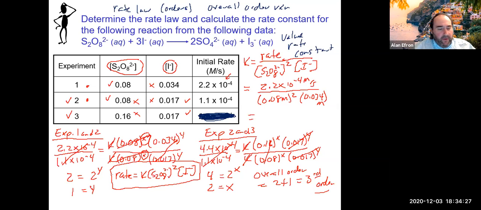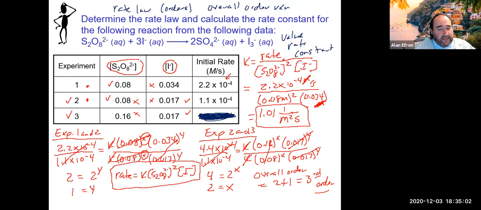We will end up with 2.2 times 10 to the minus 4 divided by 0.08 squared divided by 0.034, which gets us 1.01. Now the units here: we have a molarity on top that will cancel a molarity on the bottom, and we do have a molarity being squared on the bottom, so the units would be 1 over molar squared seconds.